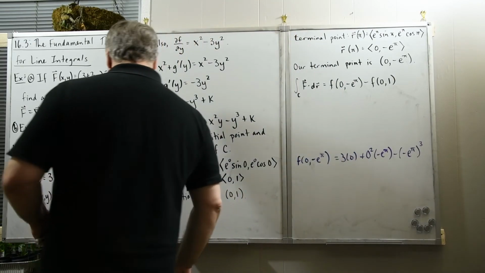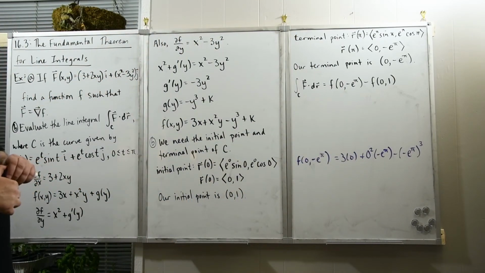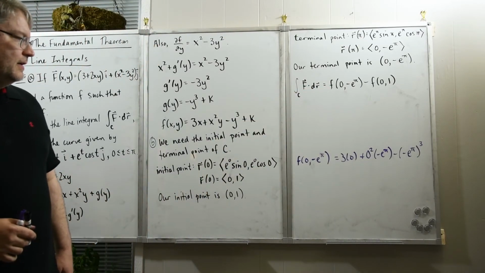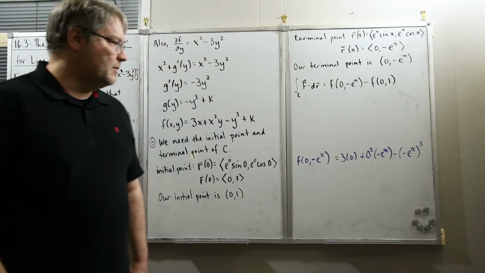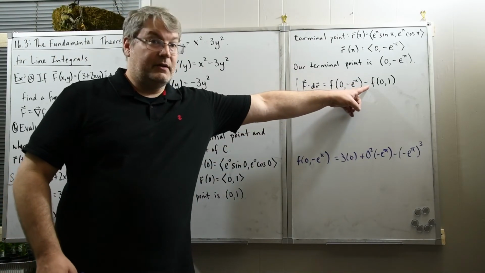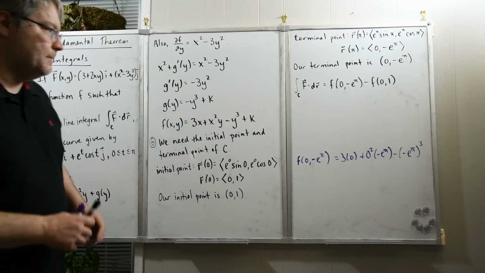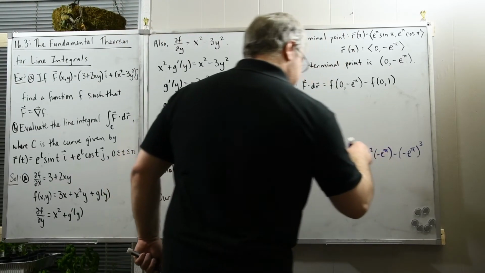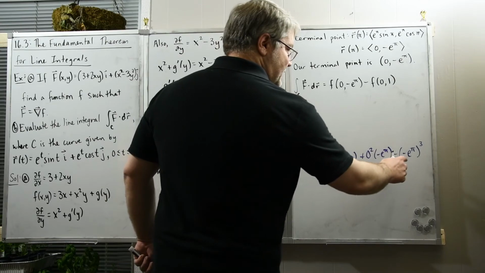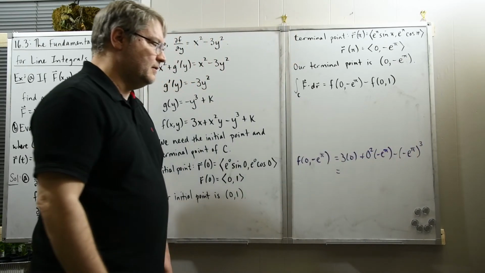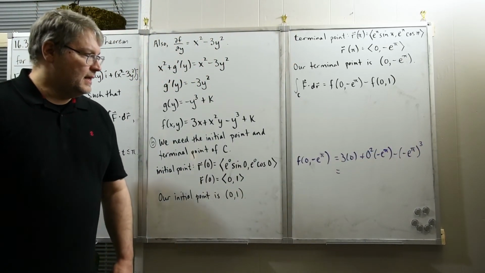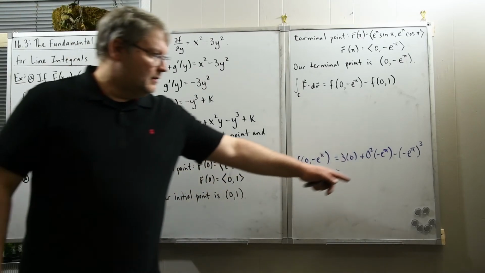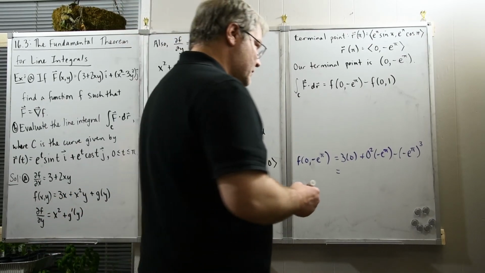Now, we're not going to have to worry about the plus k here, because if you included the plus k with the f of (0, -e^pi), and also included it with the f of (0, 1), those k's would end up just canceling each other out because of the difference here. And so a lot of it zeros out, but if you take negative e to the pi raised to the third power, that's going to be negative e to the 3 pi. Preceded by the negative sign here, you get e to the 3 pi.